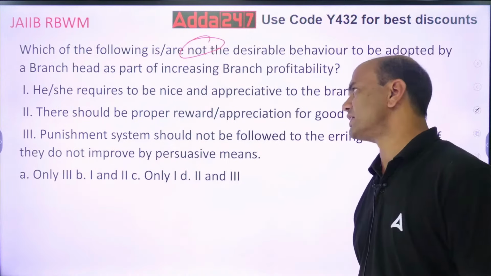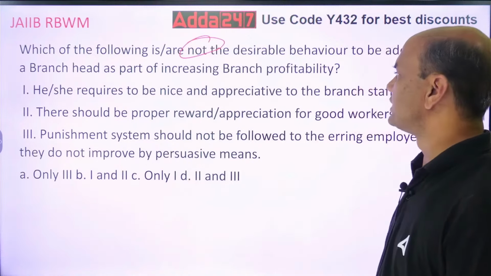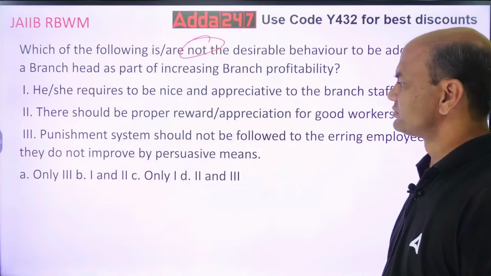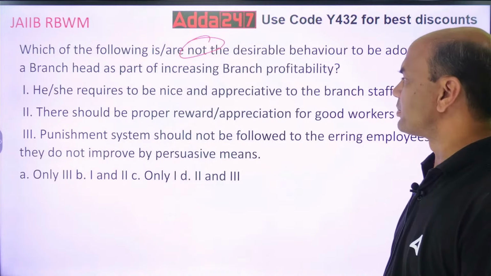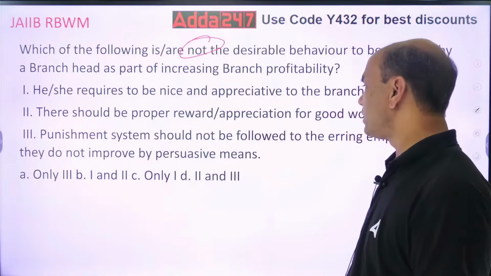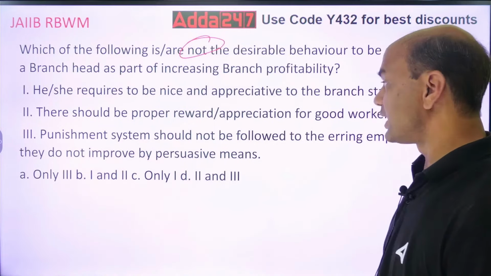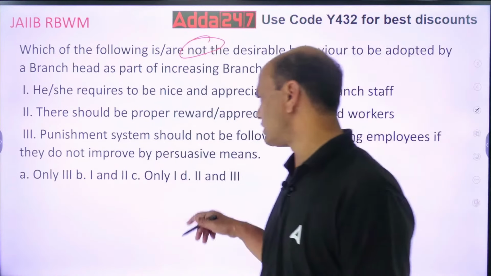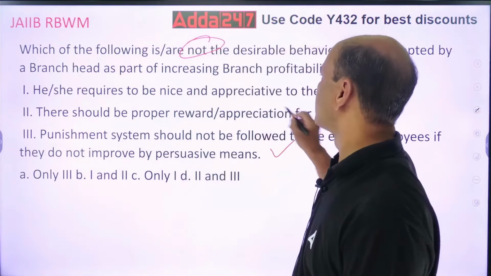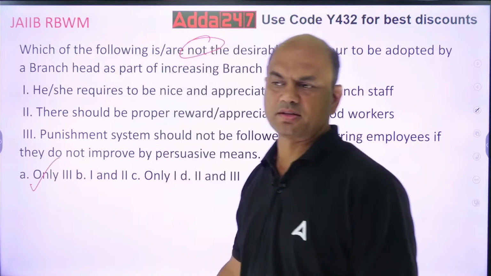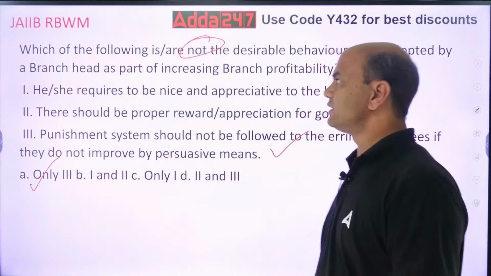Punishment should not be followed for the erring employees even if they do not improve by persuasive means. So that is wrong, isn't it? So you want the not desirable one. So this is the answer. Only 3. A is the answer, right? A is the answer.